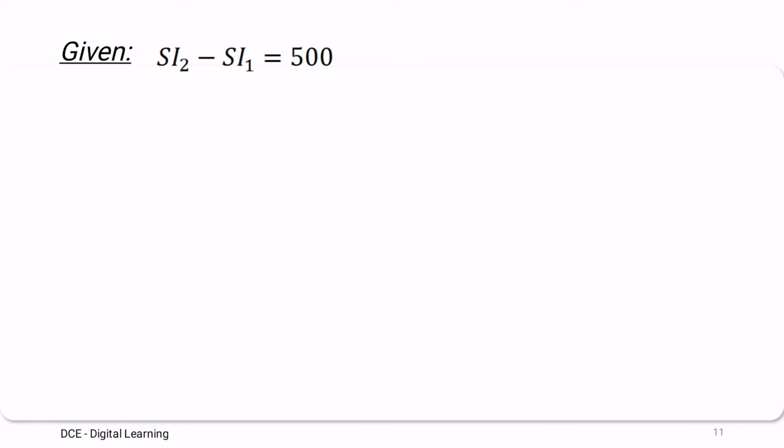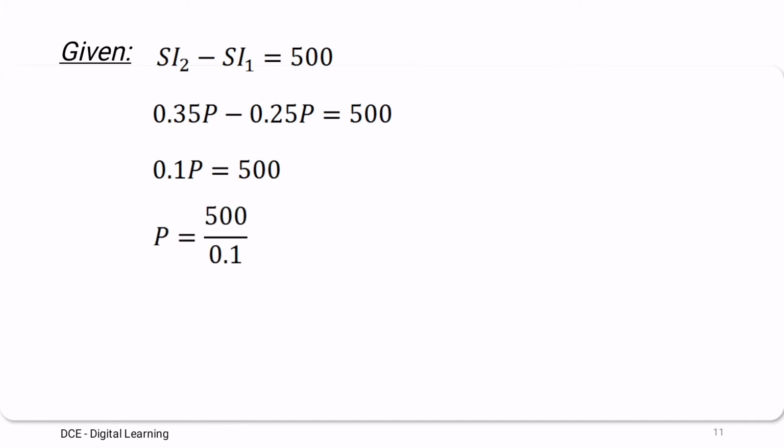So simple interest 2 minus simple interest 1 equals 500. So simple interest in case 2 is 0.35P. Simple interest in first case is 0.25P. So 0.35P minus 0.25P equals 500. So 0.35P minus 0.25P is 0.1P equals 500.